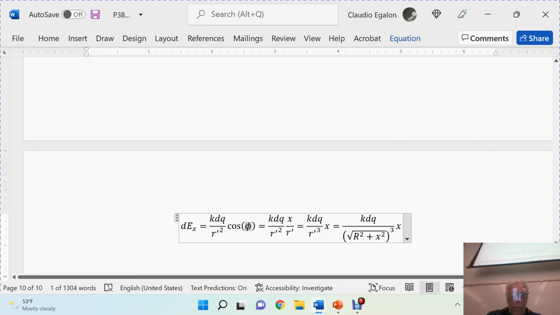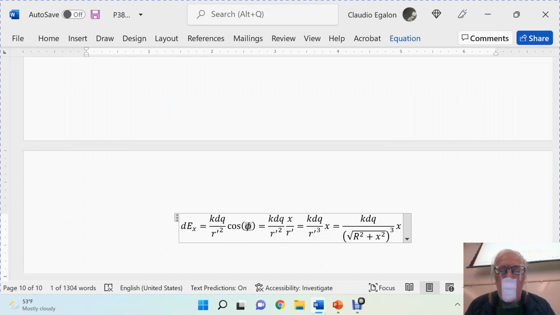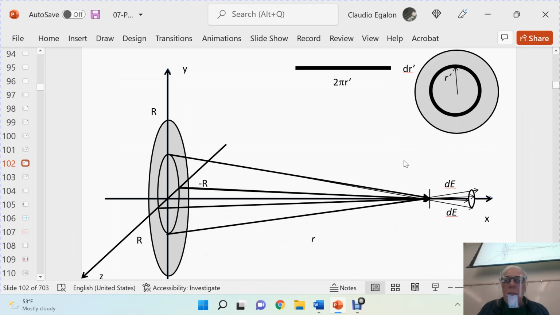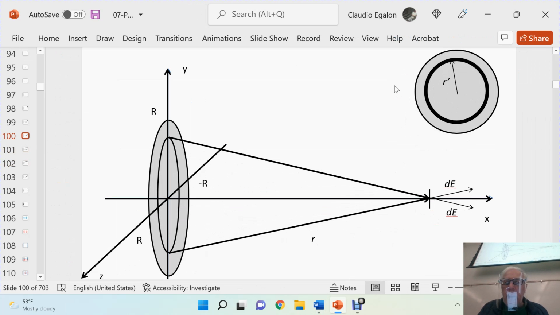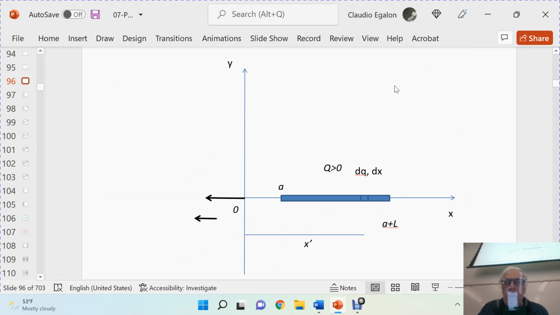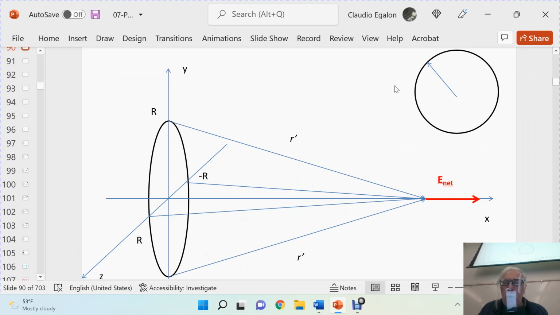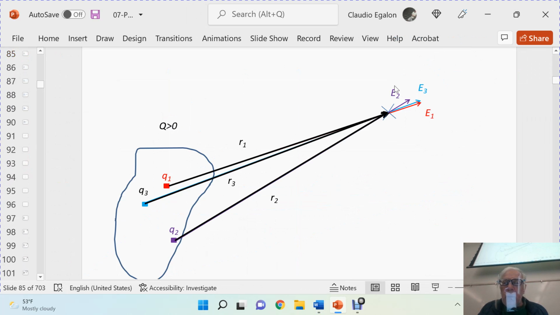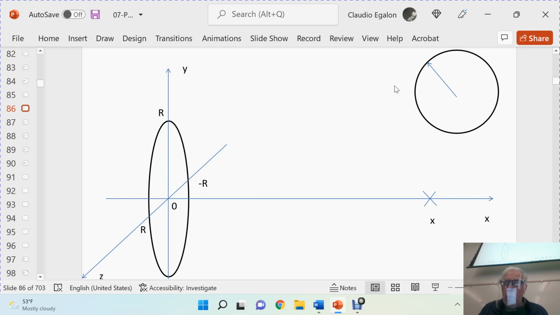Wait a minute, there's something wrong here. It's a matter of the notation. I'm not going to call this lowercase r prime. We always have to be careful about notations, because the notation can make or break the solution of your problem.